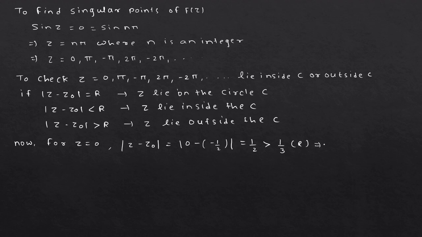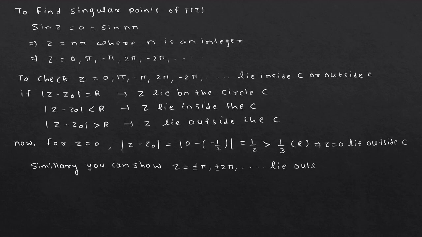So z equals 0 lies outside C. Similarly, you can show that z equals plus or minus pi, plus or minus 2 pi, and so on, lie outside C. So all the singular points lie outside C.